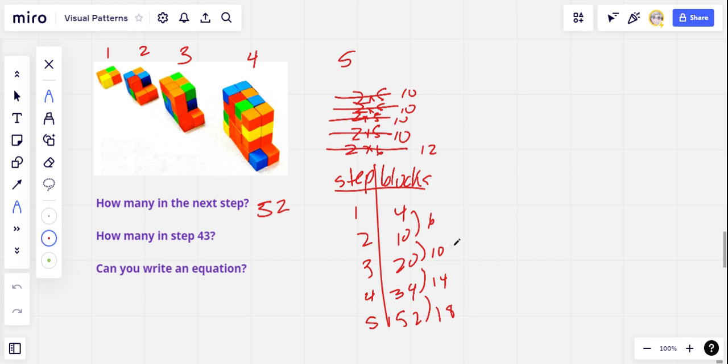Let's go ahead and take the second order differences. If we find a constant there, it means it's growing at a quadratic rate. So let's do that. 10 minus 6 is 4. 14 minus 10 is 4. 18 minus 14 is 4. Aha! So we have got a second order difference that is constant. That means it's an x squared.